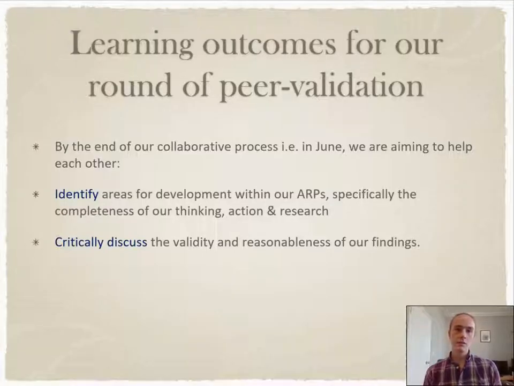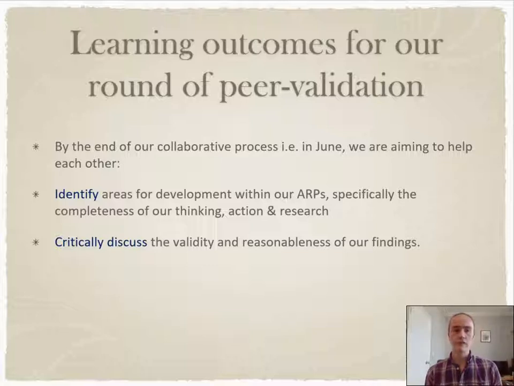Thinking about it overall, the outcomes for this process are that we're going to help each other to identify key areas within our research projects that we can develop. Particularly, looking at the completeness of our thinking, our justifications, and how action and research are working together in our projects, and trying to improve those.